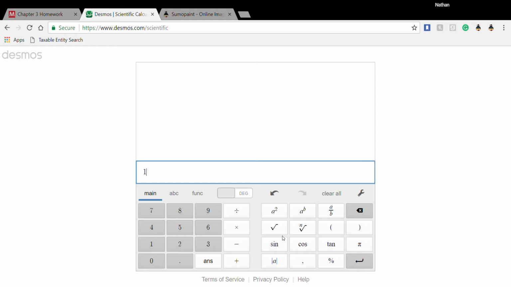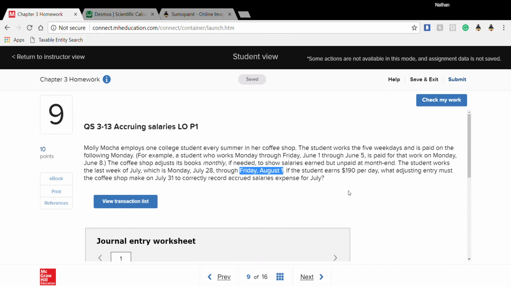I'm going to take the 190, the salary that they earn per day, and times that by 4. So that means we accrue $760 for that week. So this is a big thing right here, was the 190.